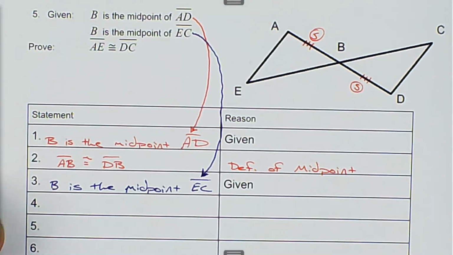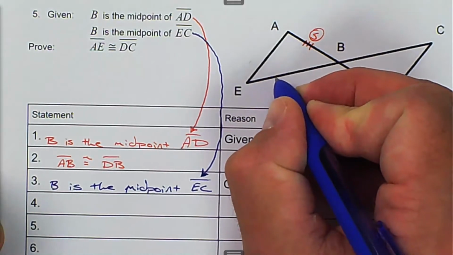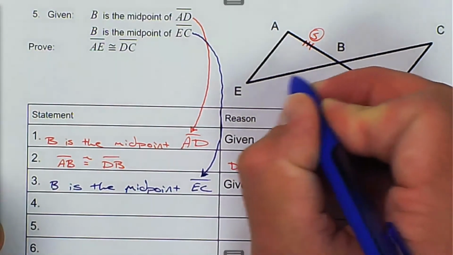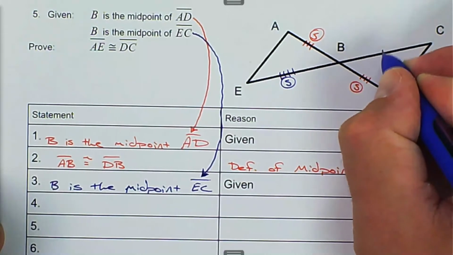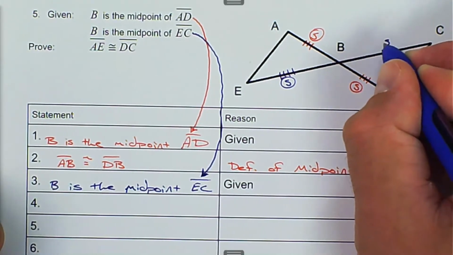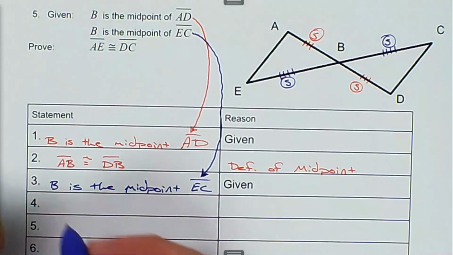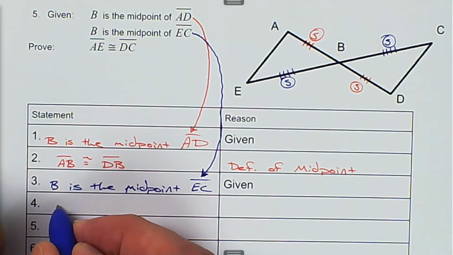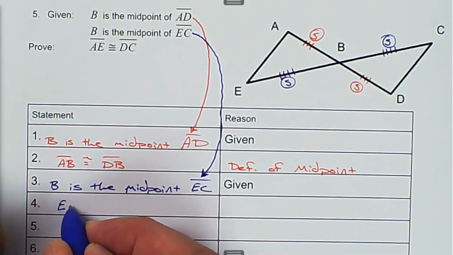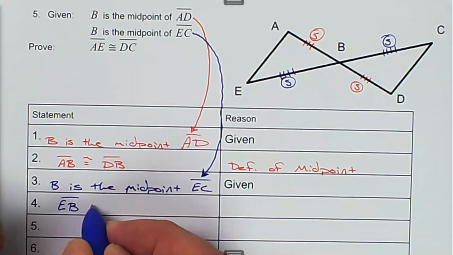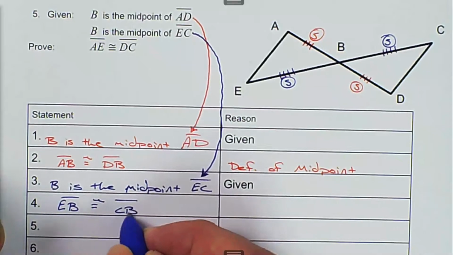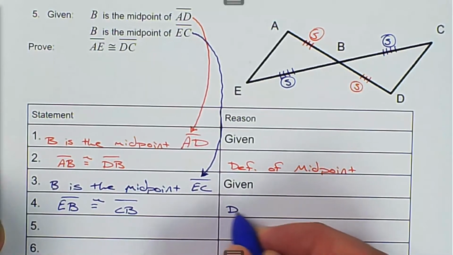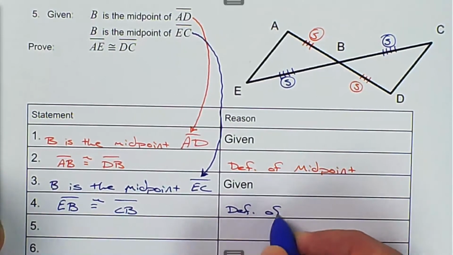And we can't really mark anything from that, but once we have that information, then we can say EB is congruent to CB. Line segment EB is congruent to line segment CB. And again, we have definition of midpoint.